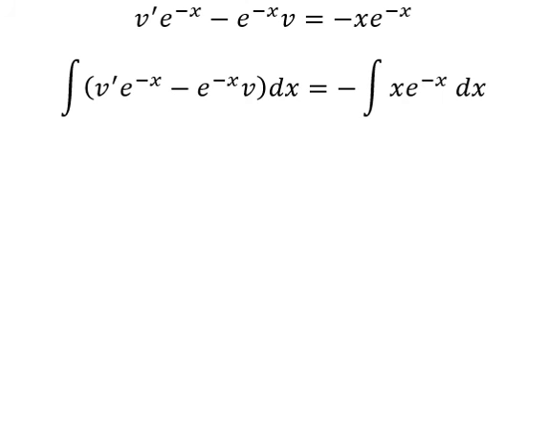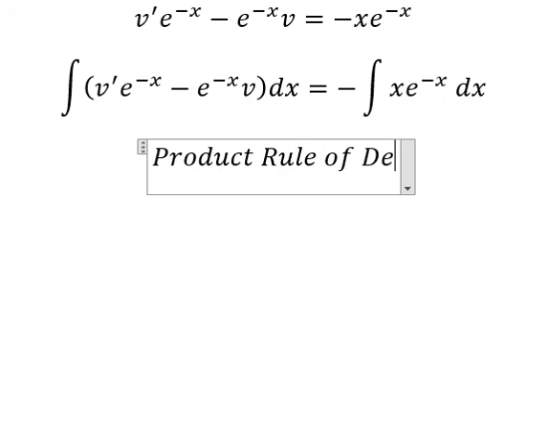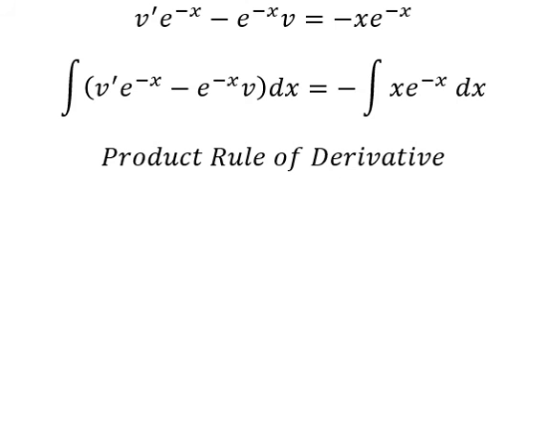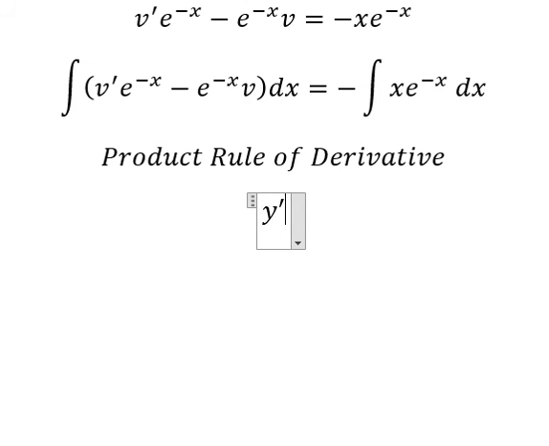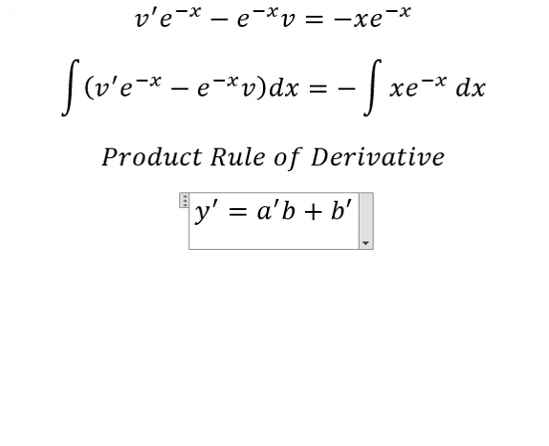So we can apply the product rule of derivative. We have the first derivative of y equals the first derivative of a multiplied by b plus the first derivative of b multiplied by a.